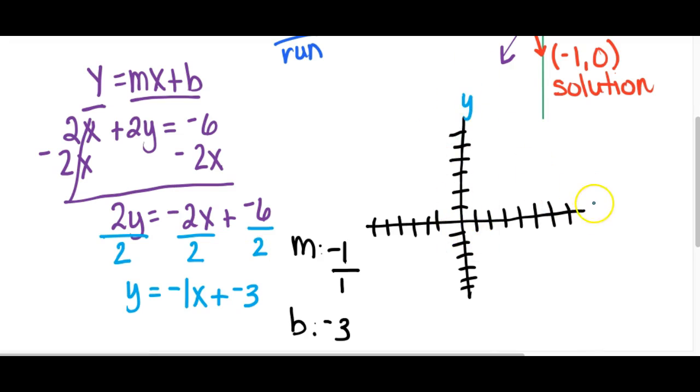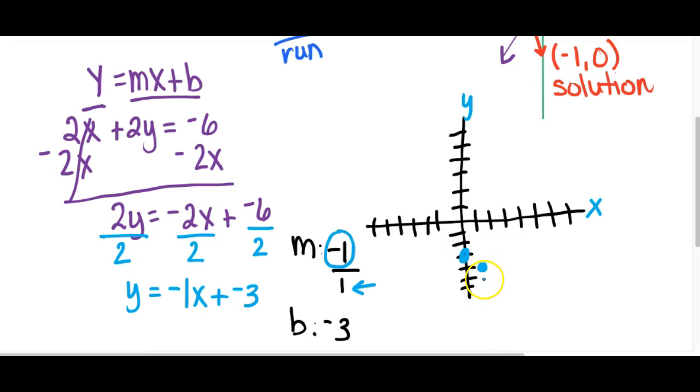So remember, the y-axis goes up and down, the x-axis goes left and right. So I need to go down 1, 2, 3, and then we have to be careful. This part is negative while this part is not. So we're going to go down 1, but we're still going to go to the right because our denominator is still positive.